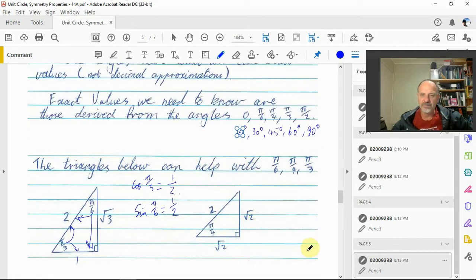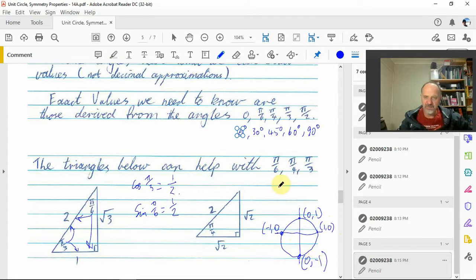Now for things like 0 and pi/2, what I need to do is revert to the unit circle and remember the coordinates. The coordinates here are 1 and 0, here are 0 and 1, here are -1 and 0, and here are 0 and -1.